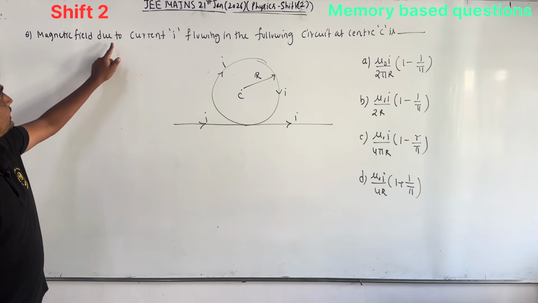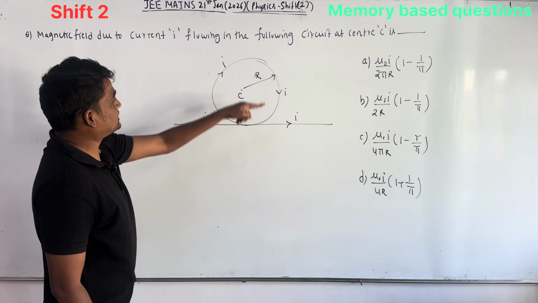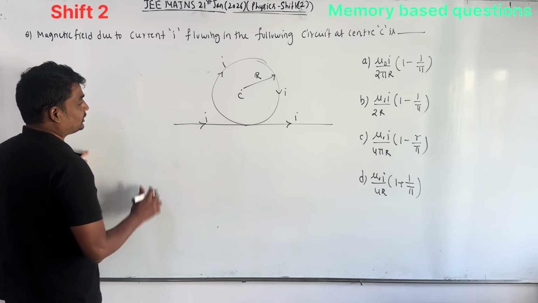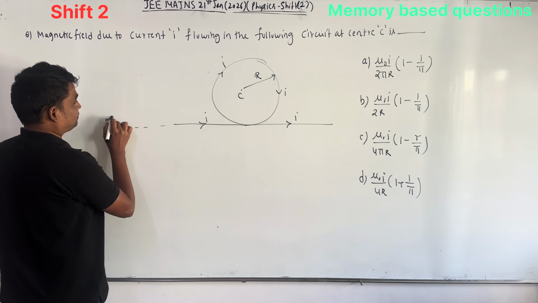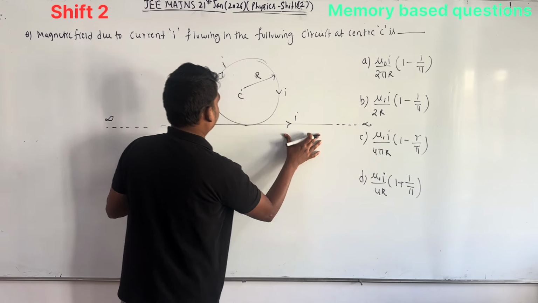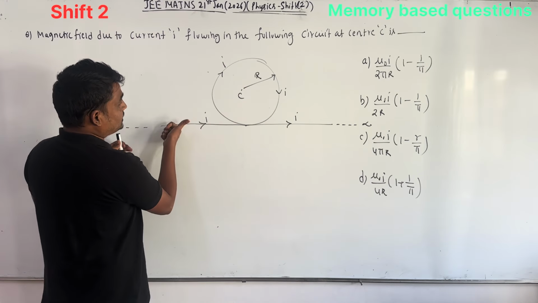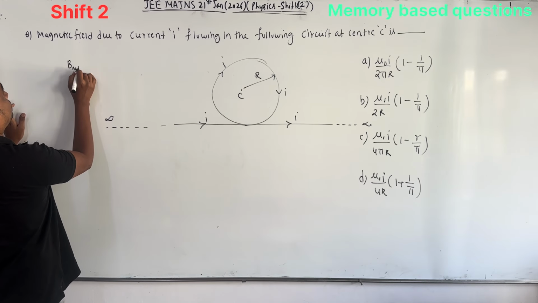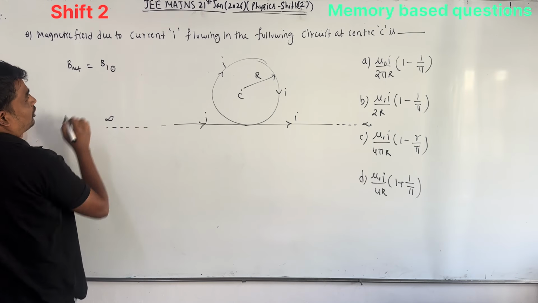Find the magnetic field due to the current I flowing in this circuit at the center C. Here you see how many cases are there. One is a semi-infinite wire up to here. From here again it is a semi-infinite wire. Then a circular wire. Due to the semi-infinite wire, the magnetic field is outward, so B net equals B1 outward.